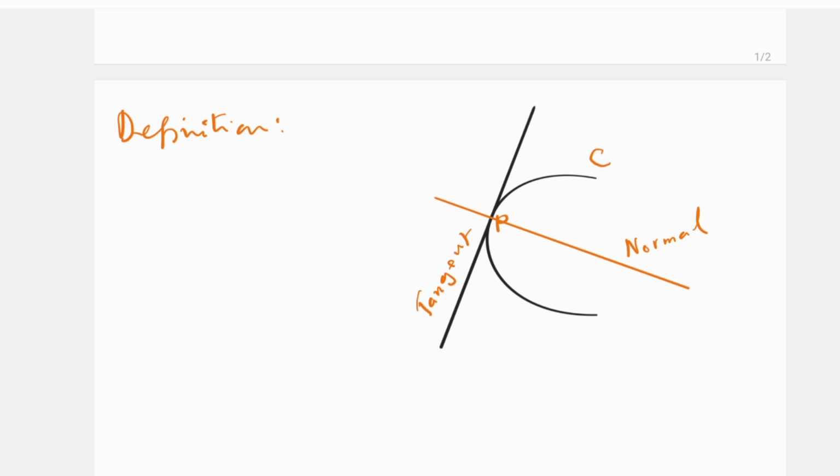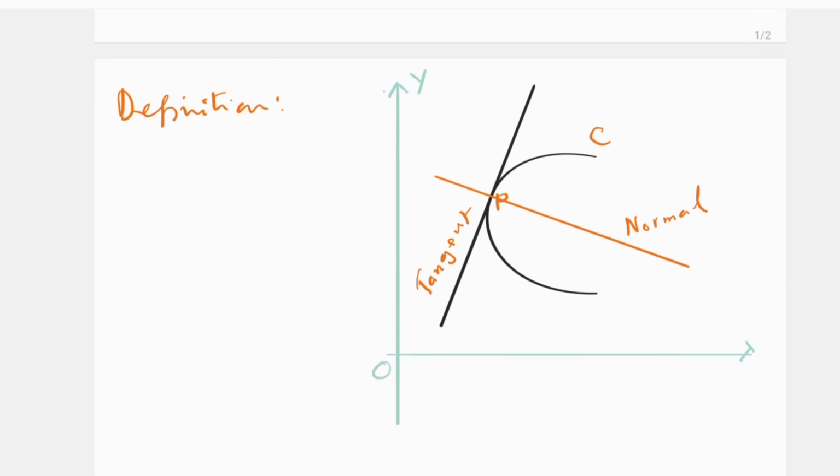Now I shall draw the x and y axis. This x axis I will take like this, horizontal line, and y axis as the vertical line, and their point of intersection is O. P is a point on the curve we have taken.